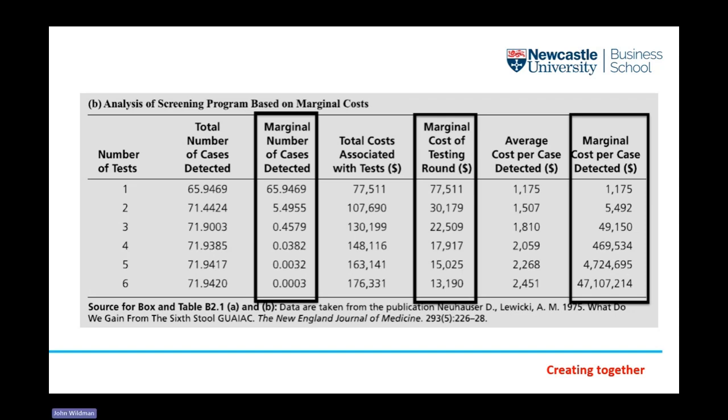But when we go down, what we can see is that the marginal cost per case detected increases, and not just increases, but increases rapidly, to the point that the marginal cost per case detected for the 6th test is costing us $47 million per case detected. Now, suddenly, we're not going to do that. So now, if we're thinking about our threshold, we'd do 2 tests, but we'd stop at that.